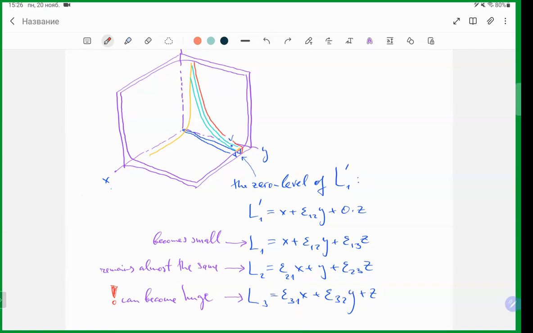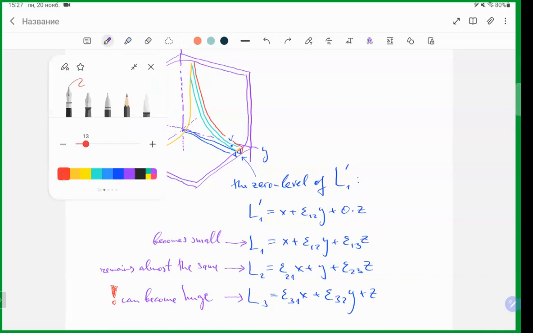So actually, if we prolong it somewhere here, and consider what this third plane, the zero subspace of this linear form, looks like, then, for instance, it can look as follows.